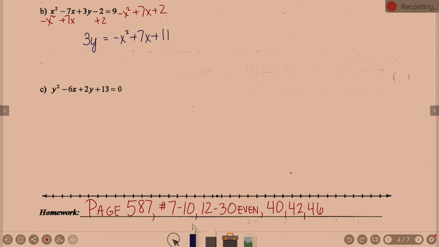And then how do I get y by itself? I divide by 3. Again, I'm typing this into a calculator next, right? So I'm just going to write this as one big fraction. Y equals negative x squared plus 7x plus 11 all over 3.